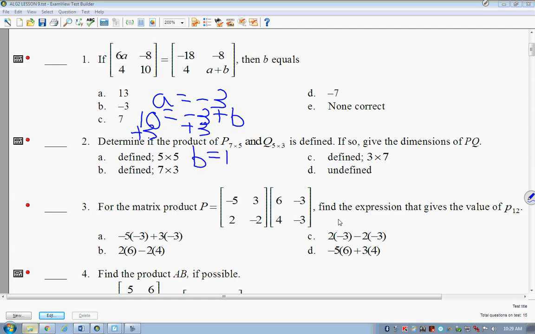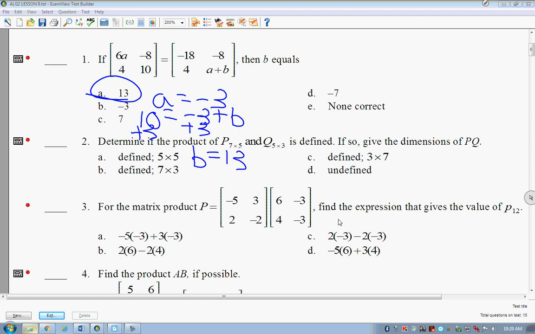B equals 13. That's a little frustrating because that type of question isn't necessarily covered in this lesson, but do we understand that? Because the two matrices are equal, the numbers must match: negative 8 equals negative 8, 4 equals 4, so 10 has to equal this, 6 has to equal that.